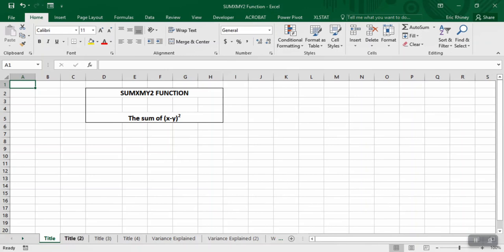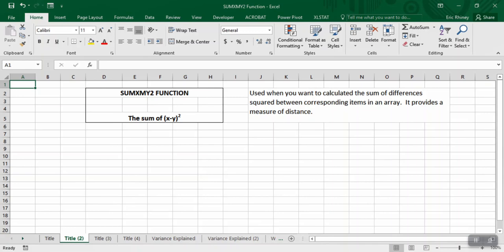So you use this when you want to calculate the sum of differences squared, and this is done in corresponding arrays. What this measures is the distance between two sets of data.